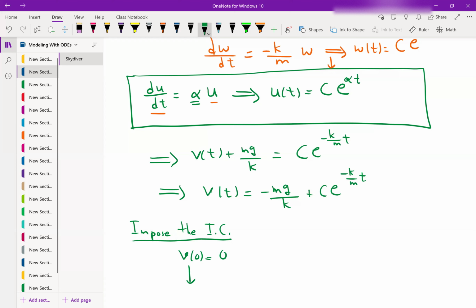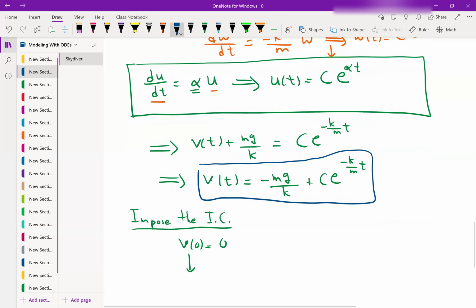A skydiver leaves the plane with no initial velocity. What is V at 0? Look at our formula for V. This is V at t. So what will be V at 0? Every time I see t, I have to replace it with 0. Negative mg over k plus c times e to the negative k over m times 0.